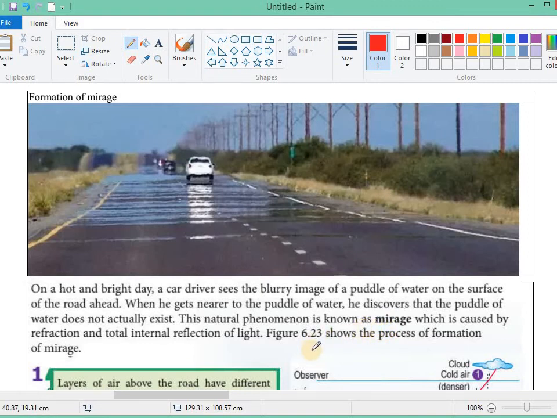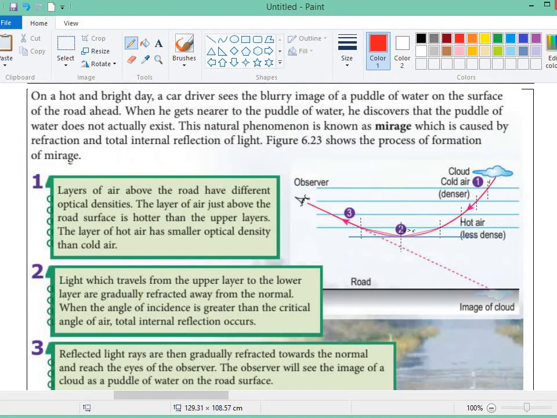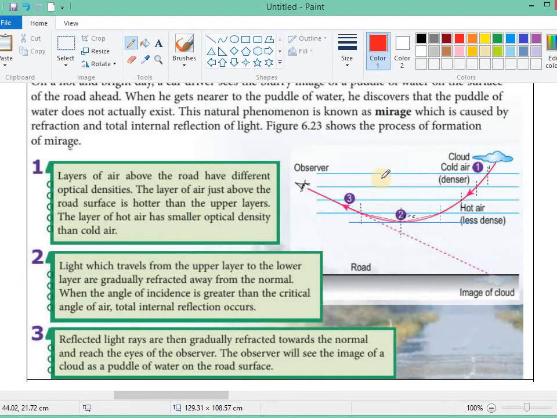Figure 6.23 shows the process of formation of mirage. So you see how the mirage is formed? On a hot day, the layer of air that is near the road will be hotter because it's being heated by the road. The air that is higher above the road surface will be cooler.